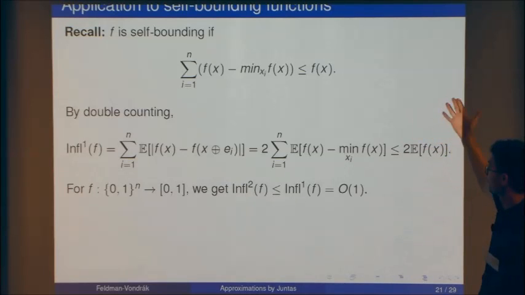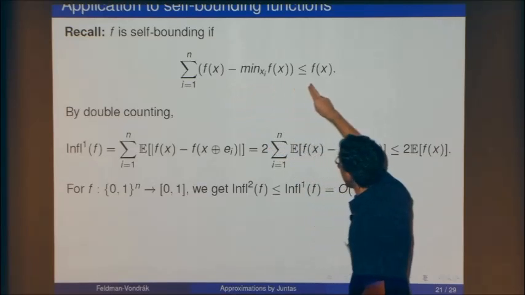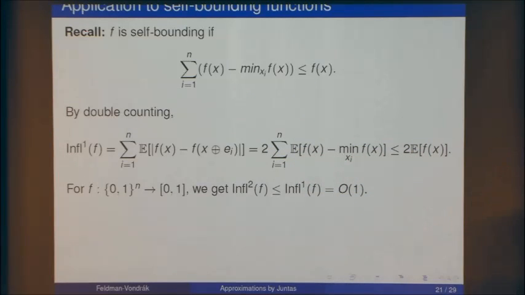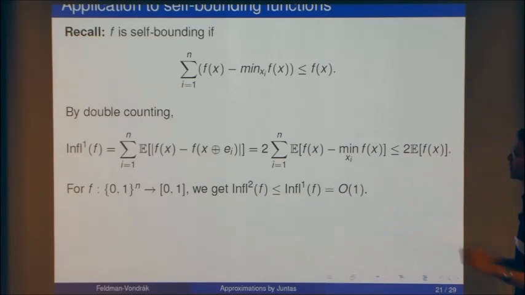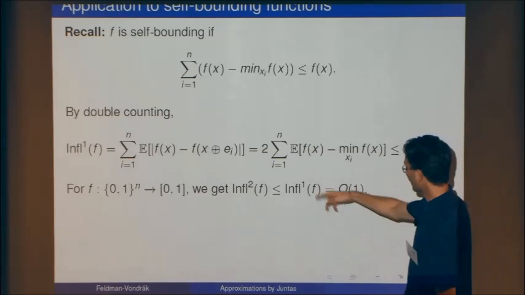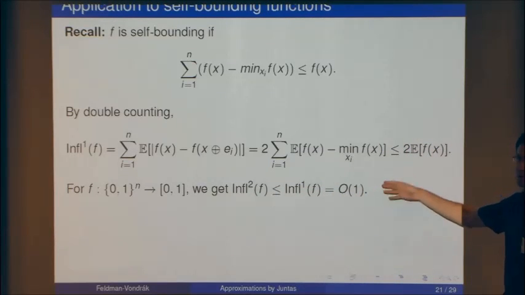It's a very simple double counting, because in the definition of self-bounding functions, we only count the differences where the value goes down. But then you take the expectation over the entire hypercube, so you will count each of these differences at some point. There's just a factor of 2 involved. So L1 or L2 influences for these functions are always small. That's why it works.